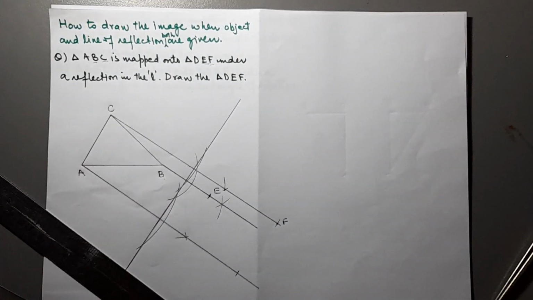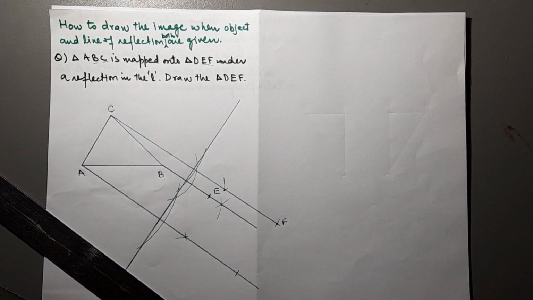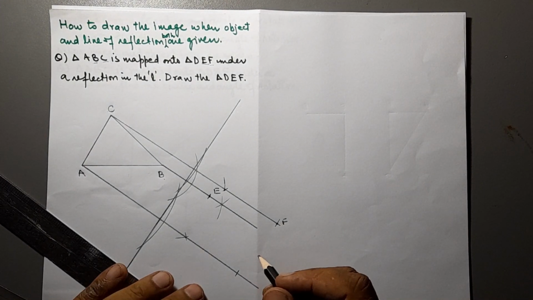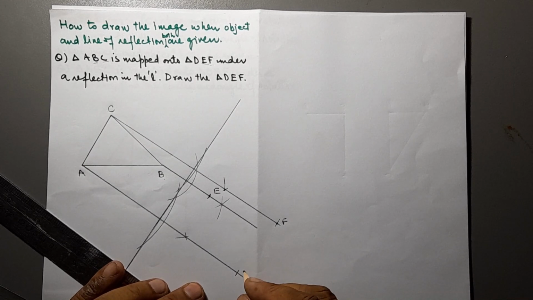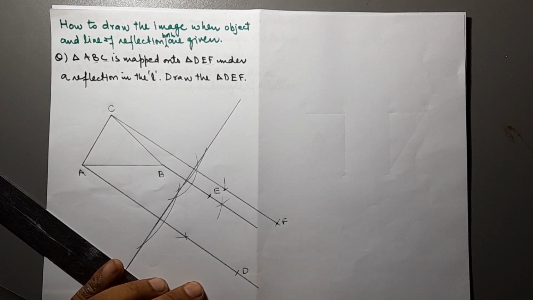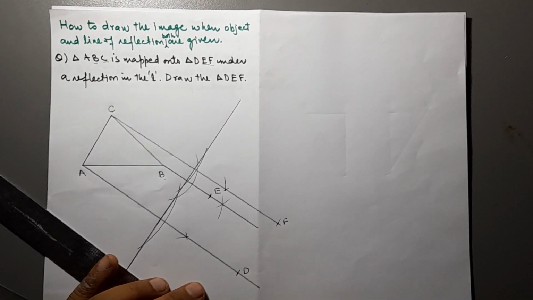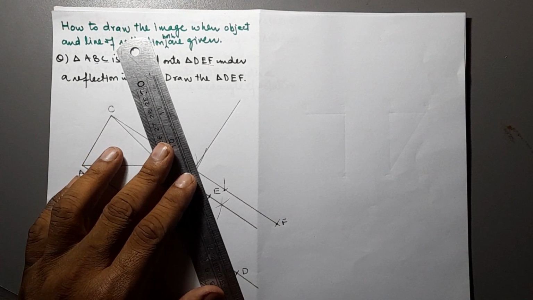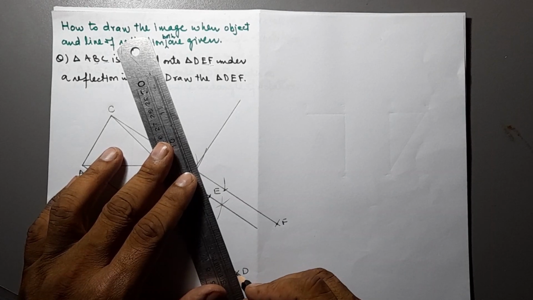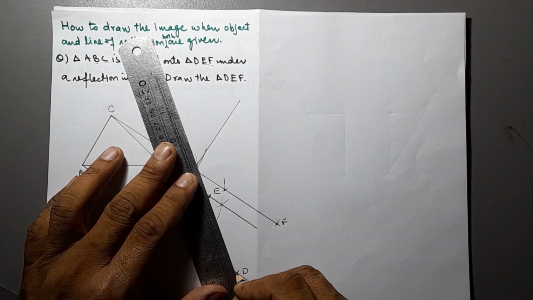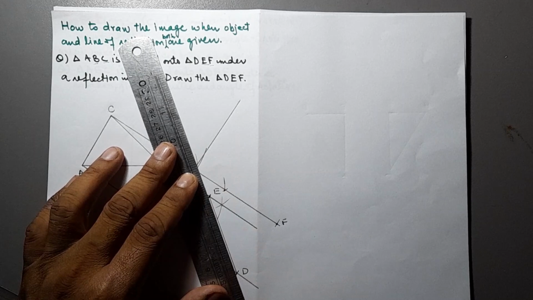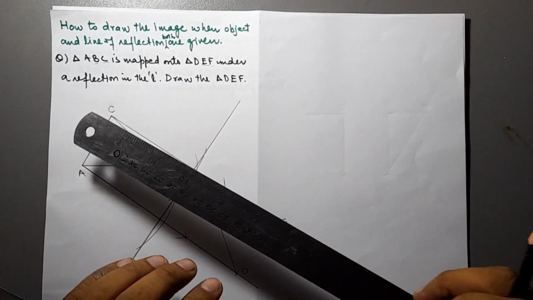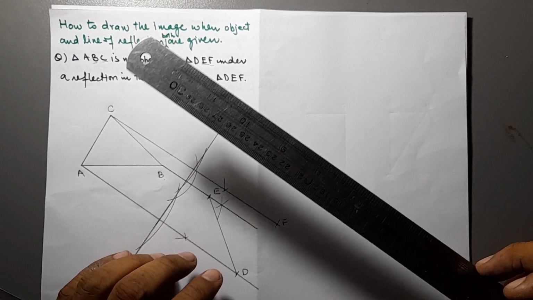This one is the image of point A, and A is mapped onto D. This one is point D. Now I will join D, E and F to get the image triangle.